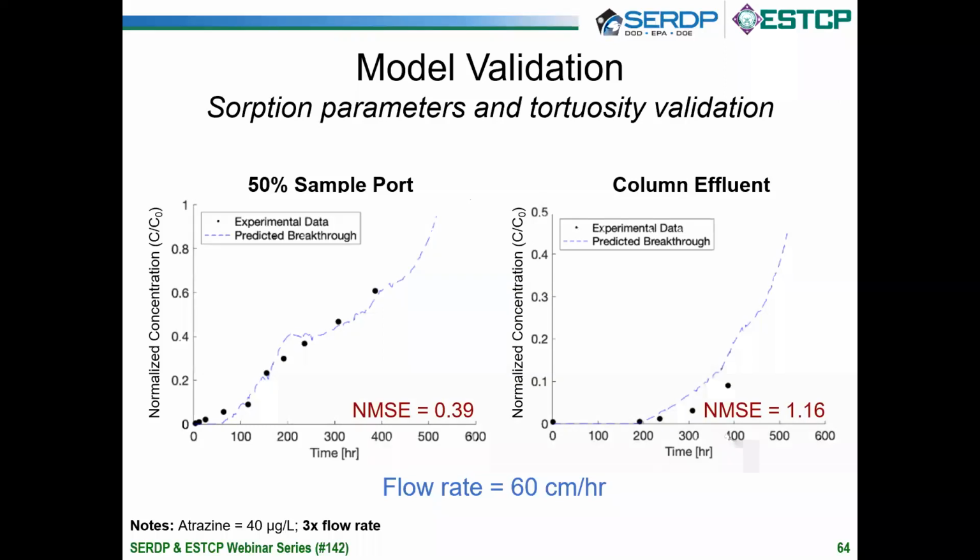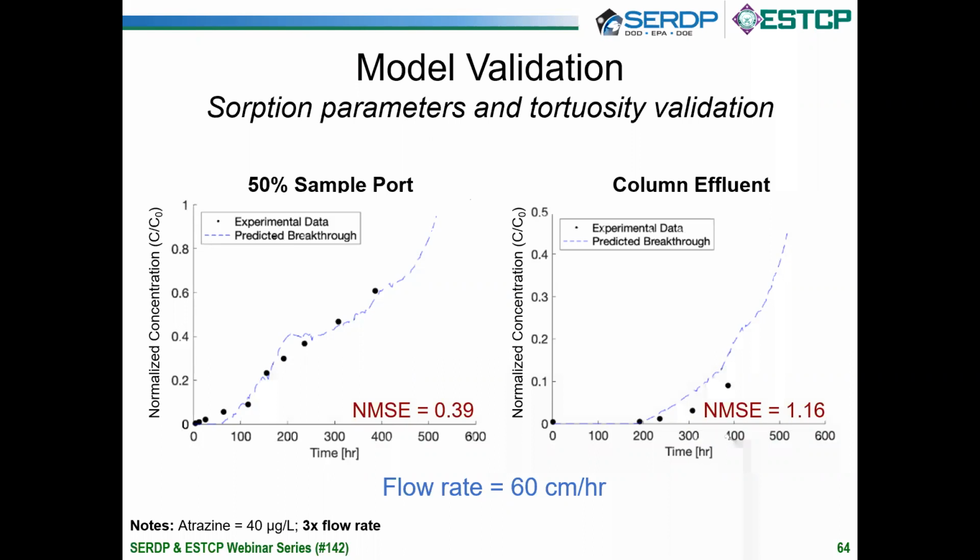Like, well, what happens if I had a lesser concentration? What if all the contaminants were present, not say at 40 micrograms per liter, but more like 1 or 4? And also, what if I were to boost the weight percent of black carbon? What would we expect to see then?